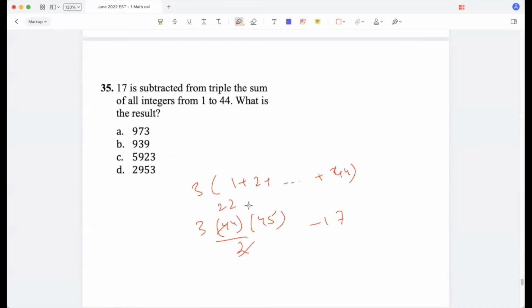So 22, 66 into 45 minus 17. So let's plug that in. 66 into 45, this minus 17 is 2953. D.